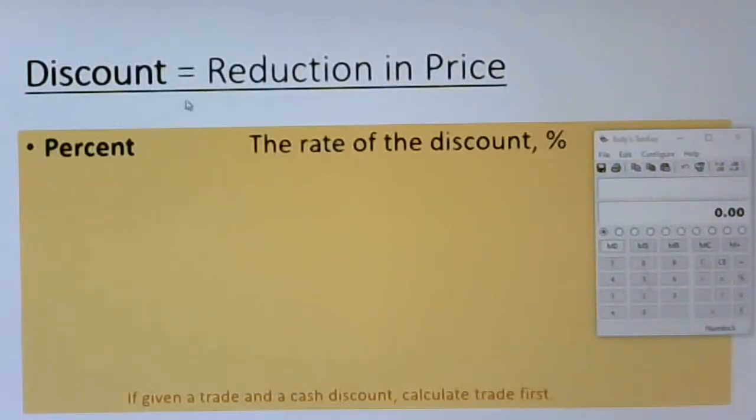So a discount is a reduction in price. So the rate of the discount is our percent. So something is 25% off, 50% off, 10% off. Percent is the rate of the discount.